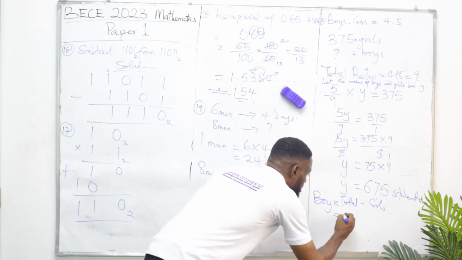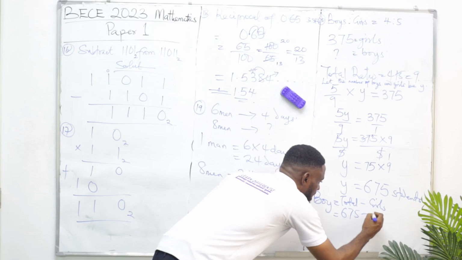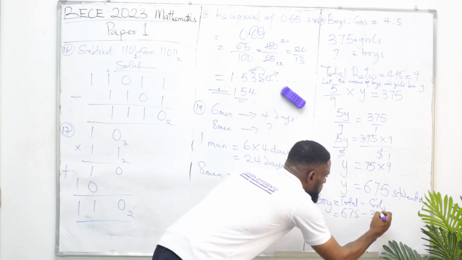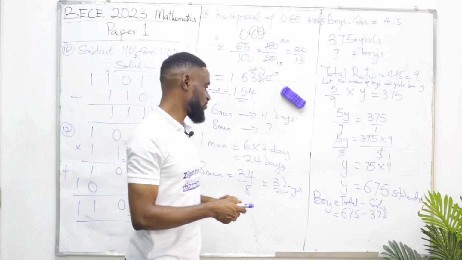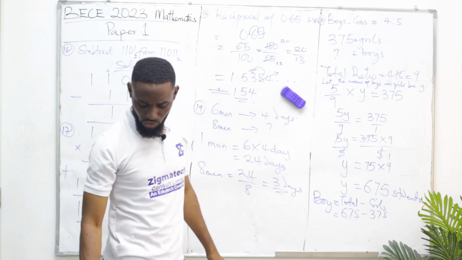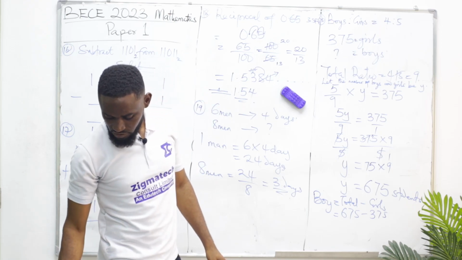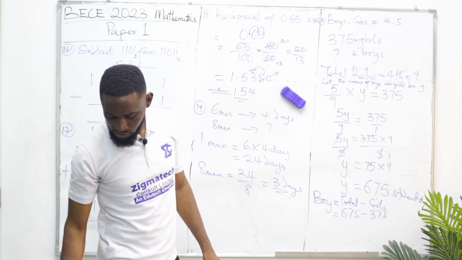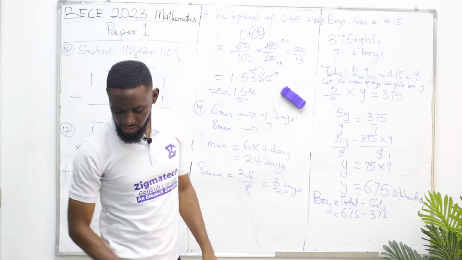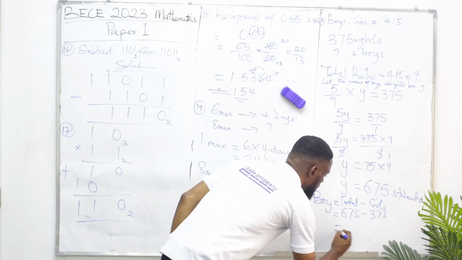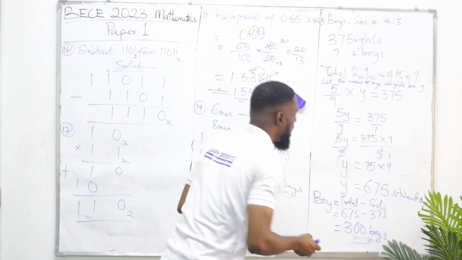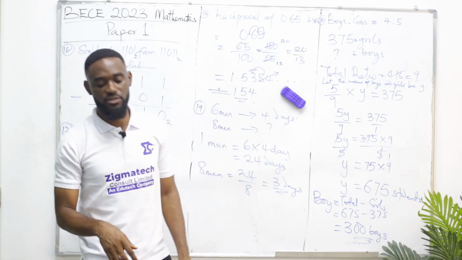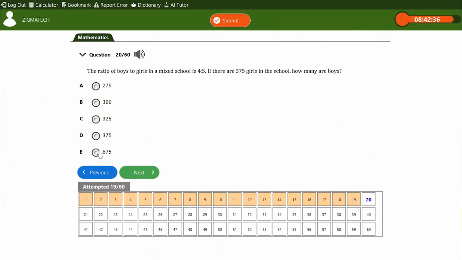That will mean 675 minus 375, which gives us 300. So 300 boys are in that school, while 375 girls are in that school. So our answer is option B. We'll move to the next now.